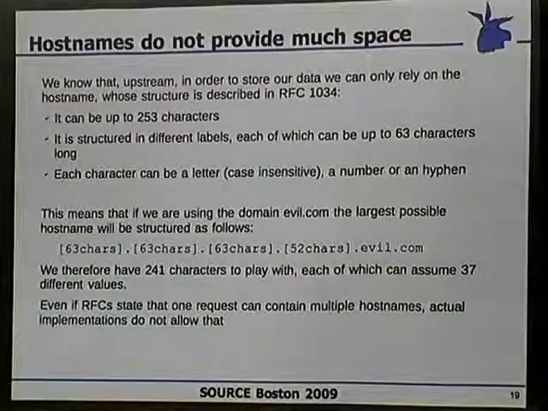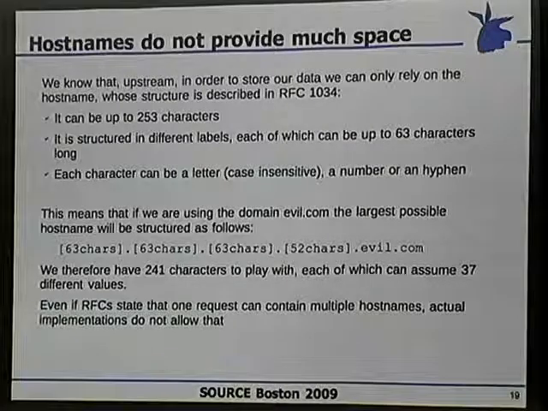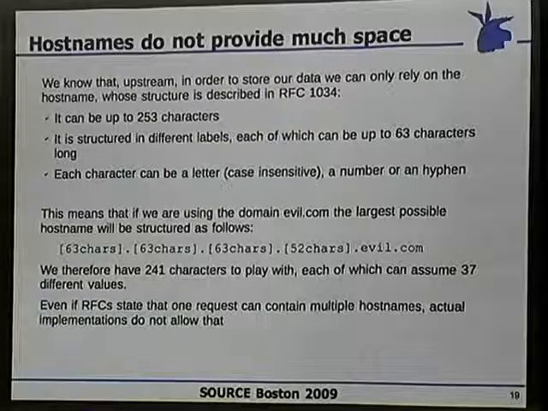And from the original RFC, 1034, we can only use alphanumerics, which is case insensitive, so A to Z and 1 to 9 and hyphen. If we look at the example domain evil.com, how much space we actually have left, it's just not much. In this case, 241 characters.